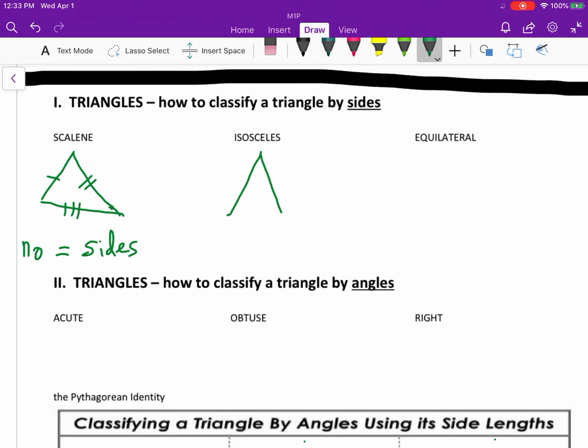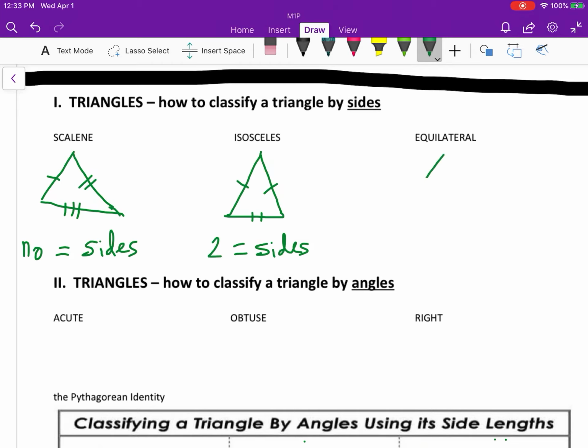Isosceles has at least two equal sides. Okay, so two equal. I say at least because equilateral is also actually isosceles, but we're not going to get into all that.